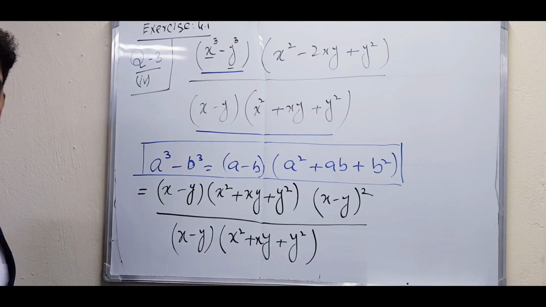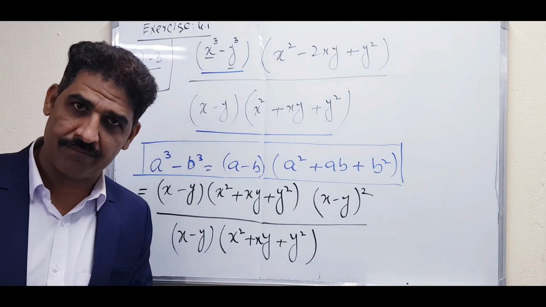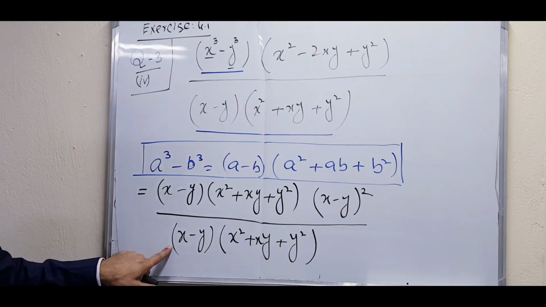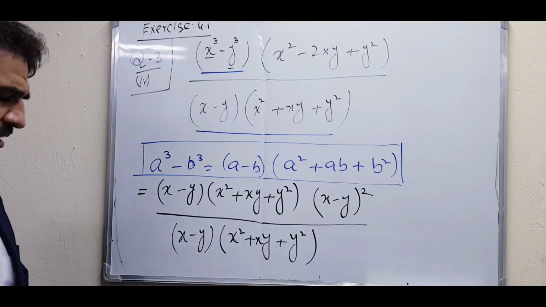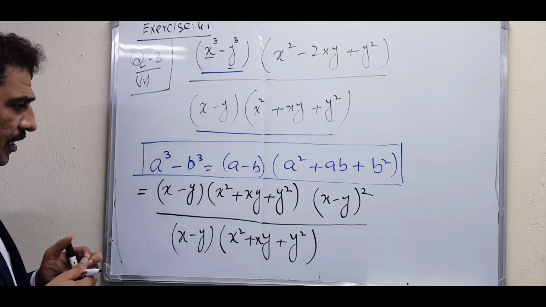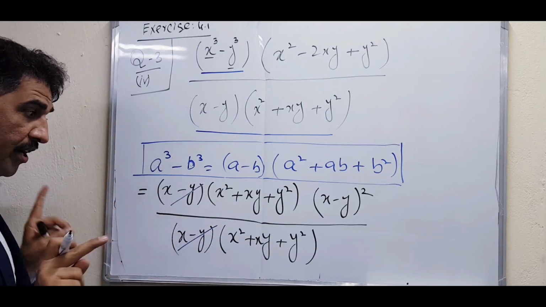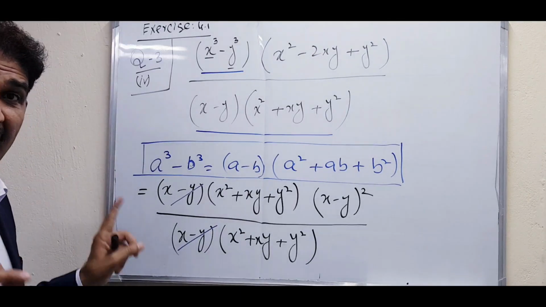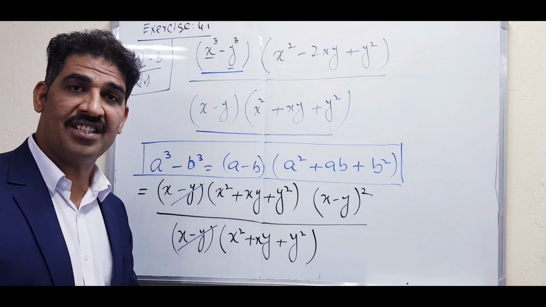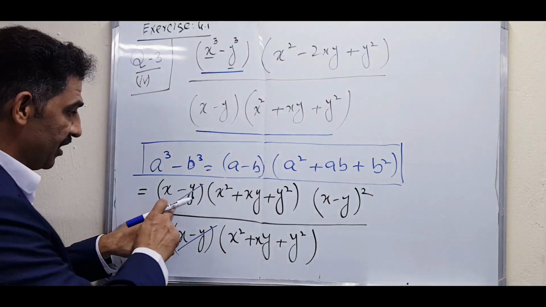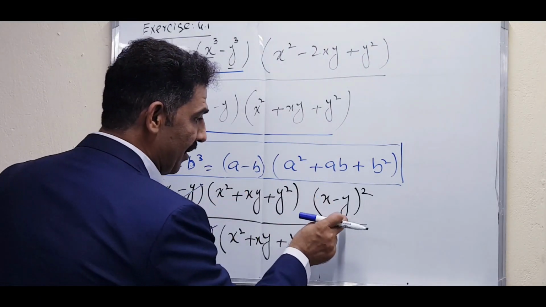Now we will check which terms are possible to cancel, right? You can cancel this term by this, it is the same meaning, but it is better to cancel like this. According to the law I told you before, the relation between all the terms is the product or multiplication: the first term multiplied by the second term multiplied by the third term.